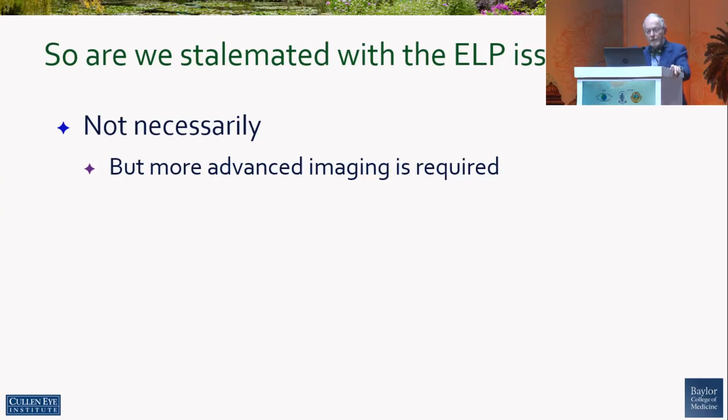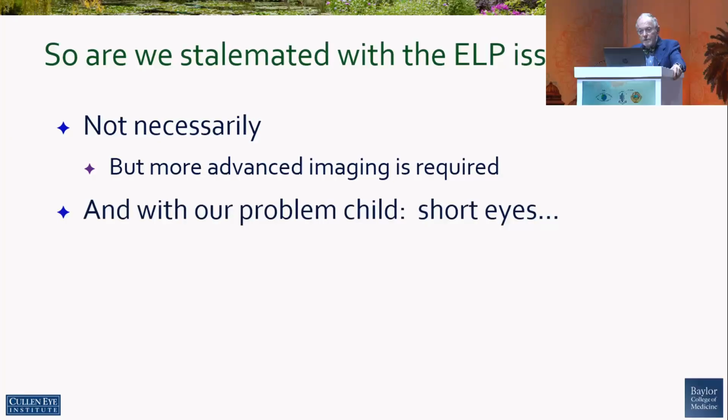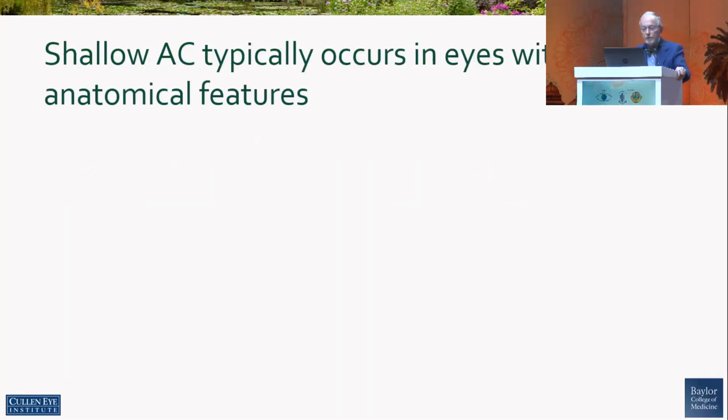Well, I think that it will probably get a little bit better with some advanced imaging. If ultrasound, for example, could become easier and more facile, but it's still a problem. And the biggest problem with ELP is in short eyes. So short eyes, I think, are, in my practice, one of the biggest challenges because they typically have a shallow anterior chamber, but they get a short axial length.